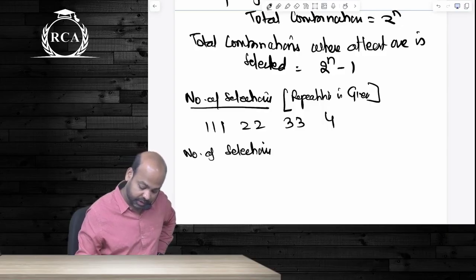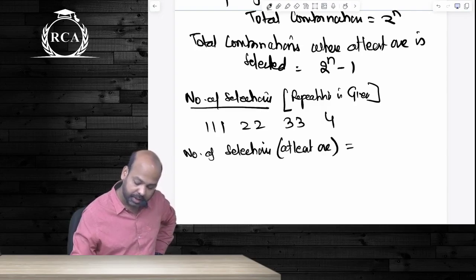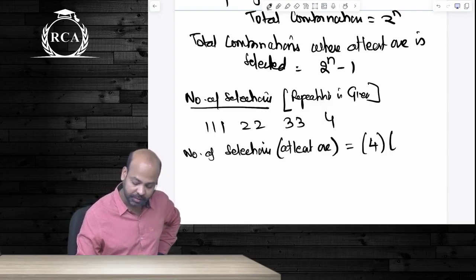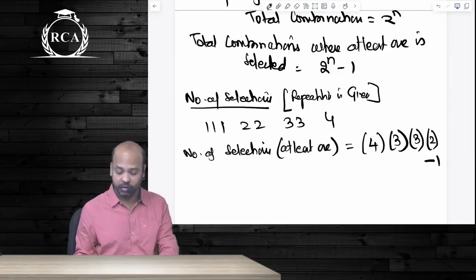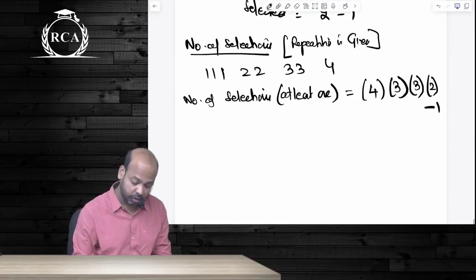Number of selections, at least one: 3 1s can be dealt in 4 ways, 2 2s can be dealt in 3 ways, 2 3s can be dealt in 3 ways, 1 4 can be dealt in 2 ways, minus 1 for that combination wherein you're excluding all of them.